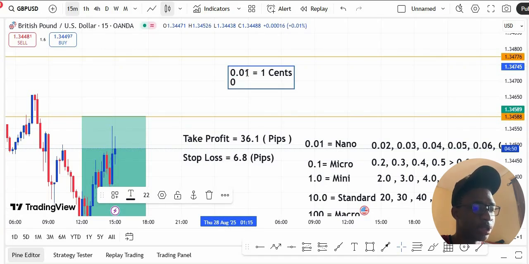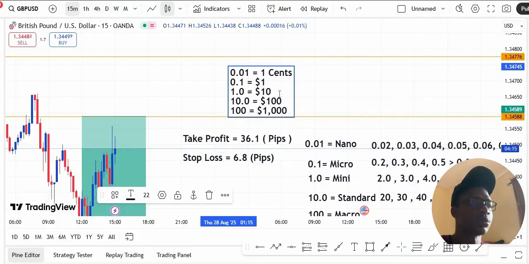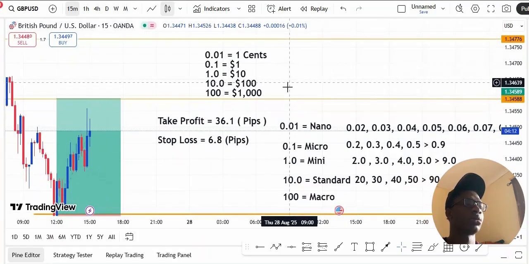For the 0.1, it's going to be giving you $1. 1.0, $10. 10.0, $100. 100, $1,000. I think you get it now.